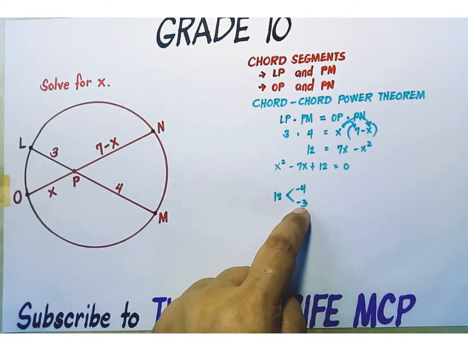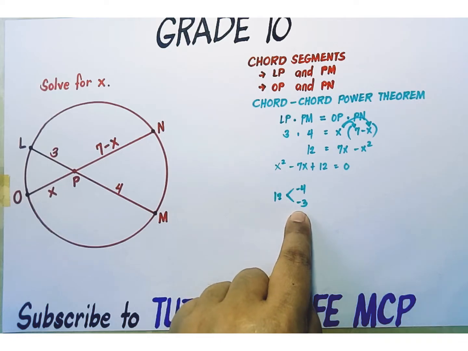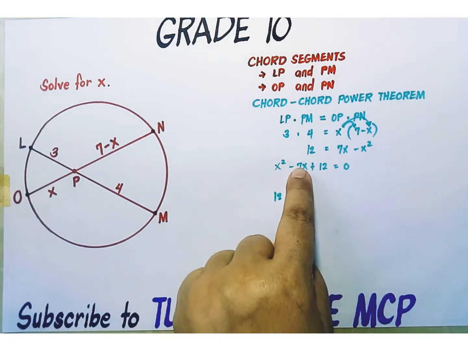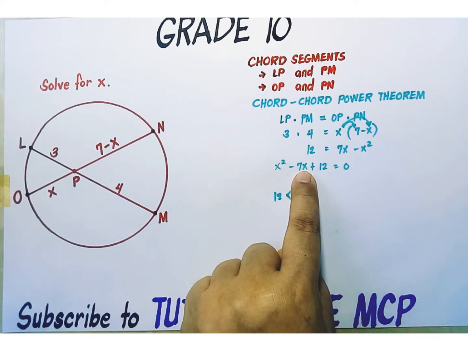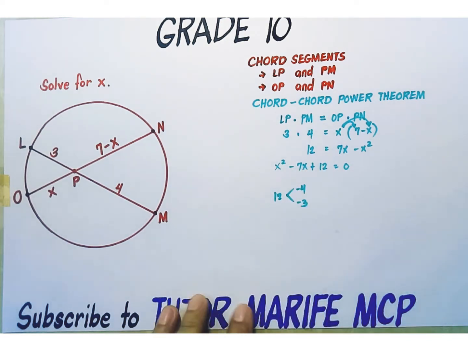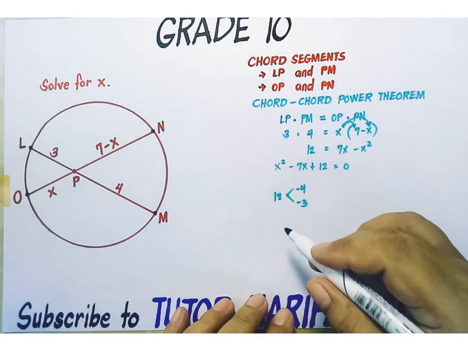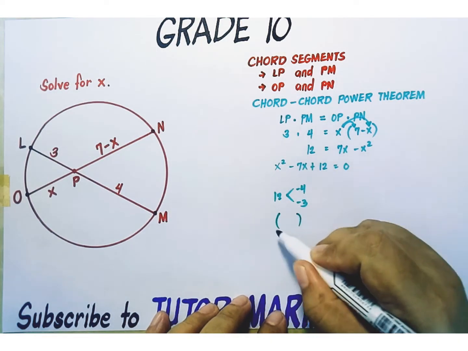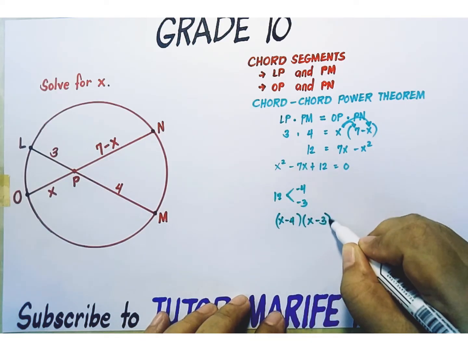If we add negative 4 and negative 3, the sum is equal to negative 7. And the sum is equal to the numerical coefficient of x of the quadratic equation. Therefore, we can factorize the left side of our quadratic equation as x minus 4 times x minus 3.